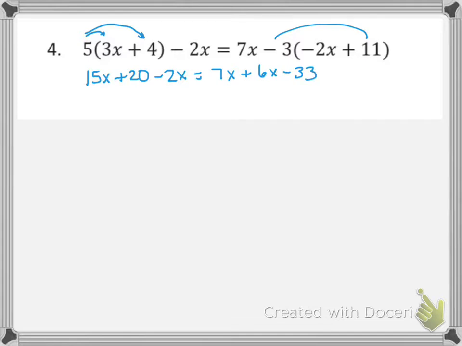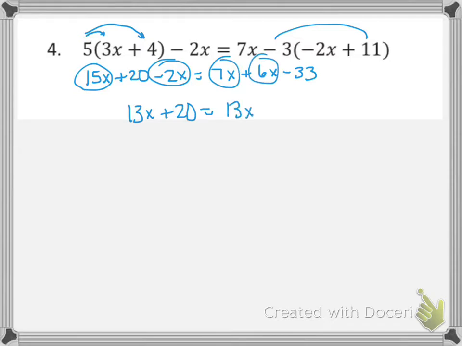Okay, combining like terms, 15x minus 2x is going to be 13x plus 20 is equal to 7x plus 6x is 13x and minus 33.